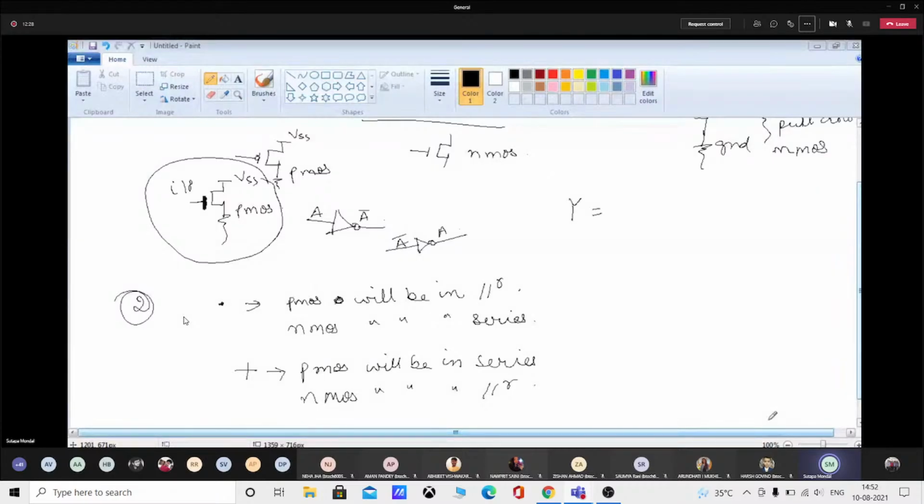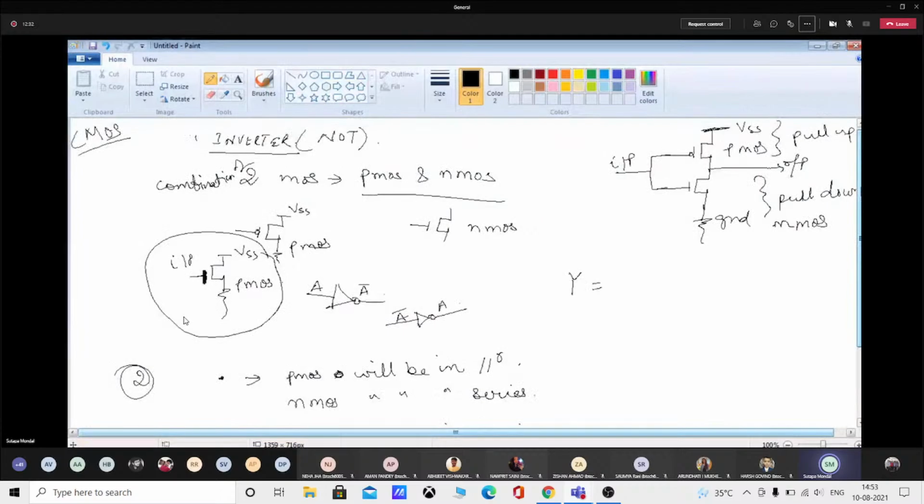So previous thing you have understood, no? What I told about the inverter? Ma'am, can you please repeat? This one again? Yes, ma'am. That second point. Acha, this one. Okay, I'll tell this one. Previous one is okay, no? Inverter. Yes, ma'am. Okay.